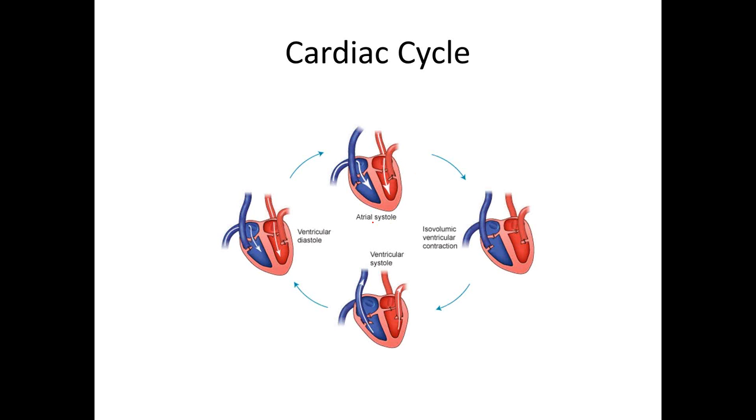The first bit is atrial systole. A systole is the contraction. This is a slight contraction of the upper part of the heart, forcing blood into the ventricles. The white arrows show you that the blood is now collecting in the ventricles.